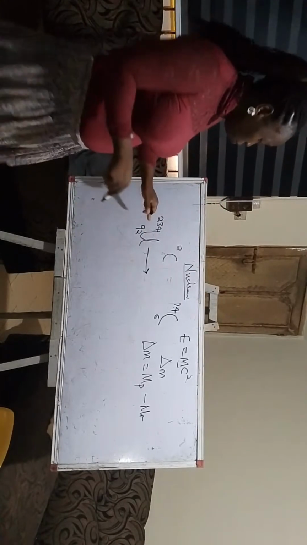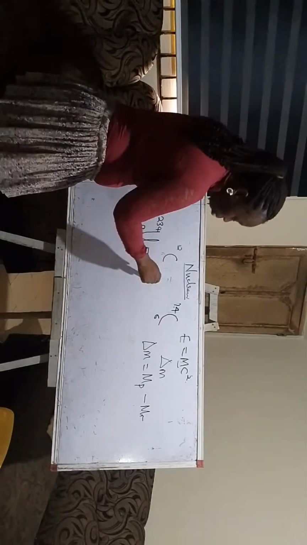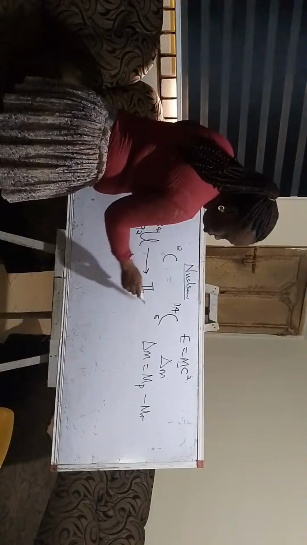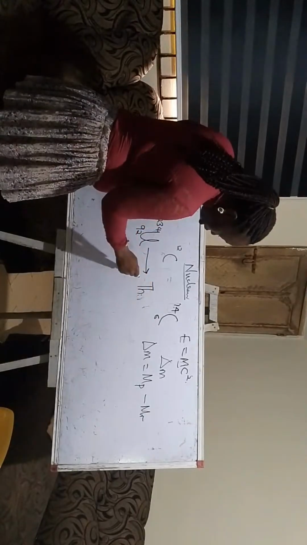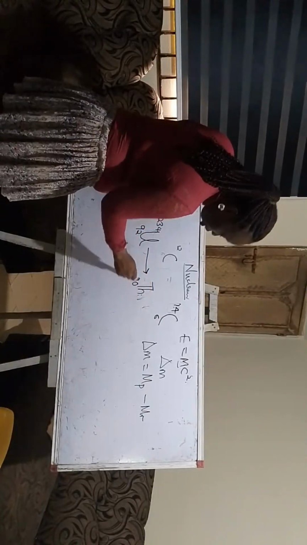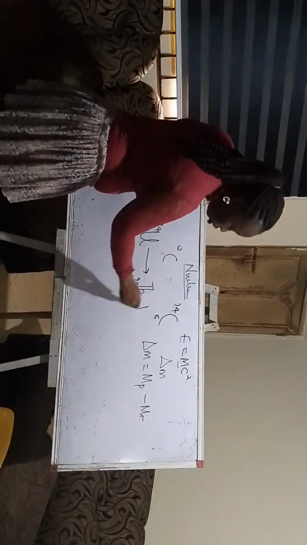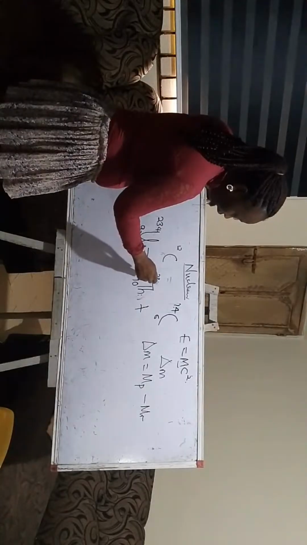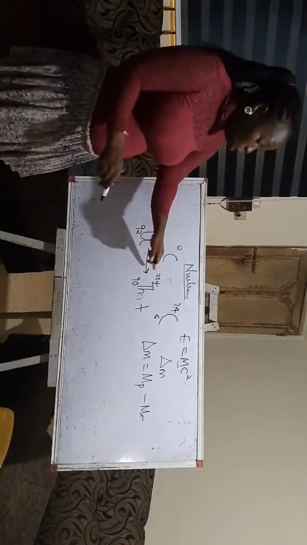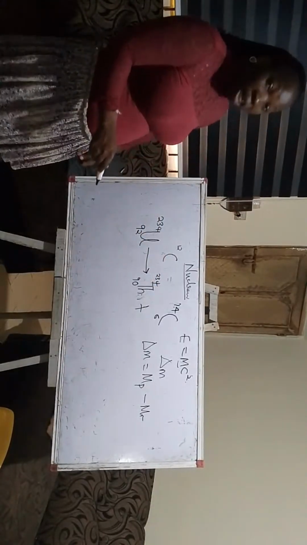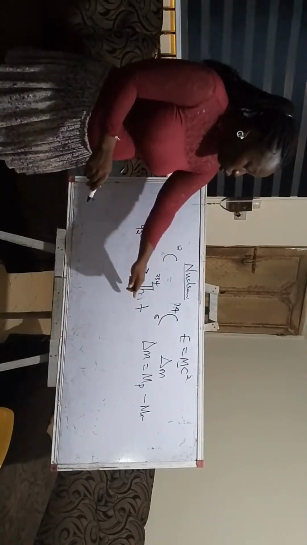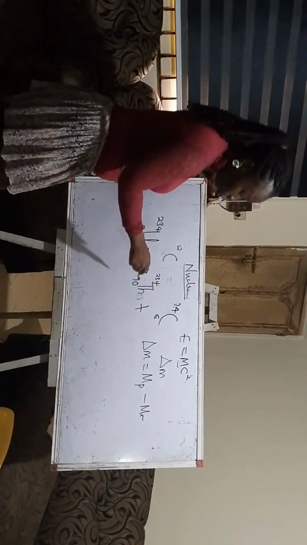So if we have uranium, it means uranium can give us a product with atomic number of 90. If the mass number is 234, it means what we add to 90 is 2.